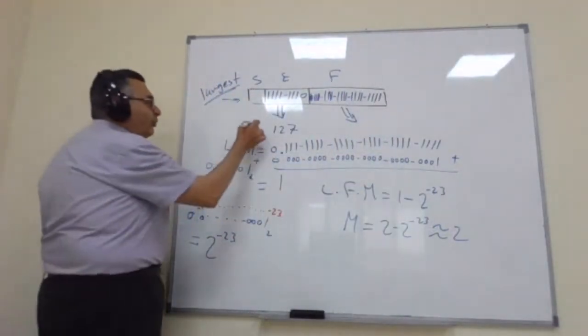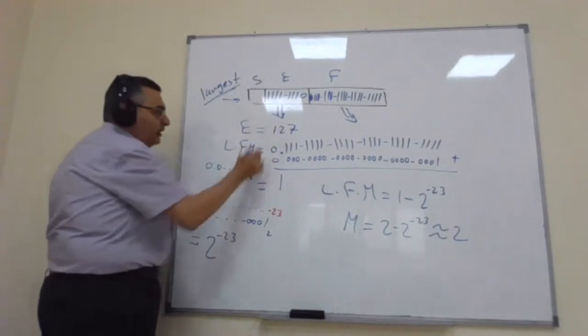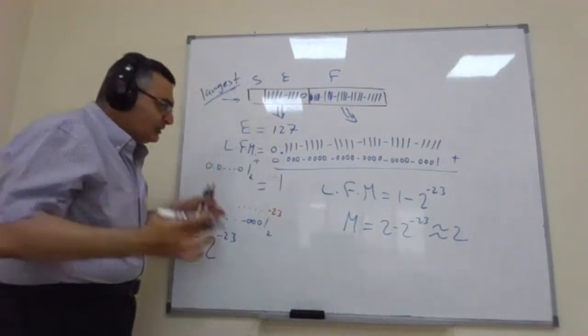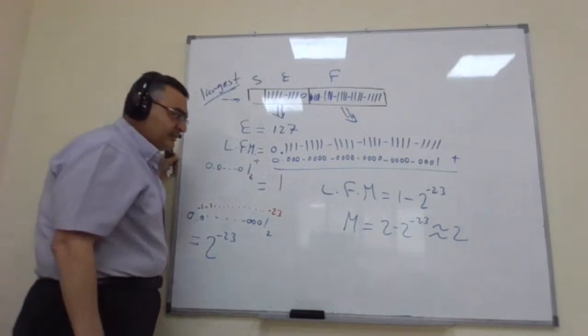Right. Now we get the largest exponent ever. We get the largest mantissa ever. What is the largest number after all of this?